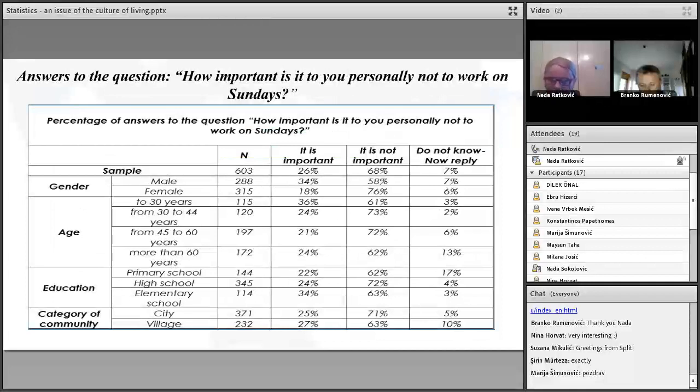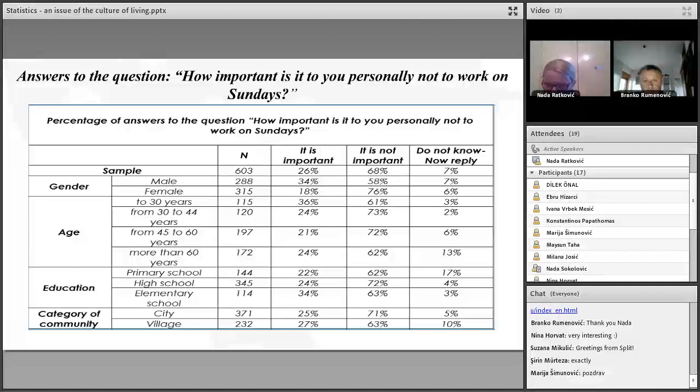Here is another question. How important is it to you personally not to work on Sundays? So it is important, it is not important, do not know, no reply. What we see here: 58% of males, it is not important for the male.